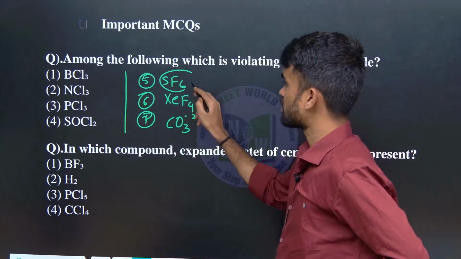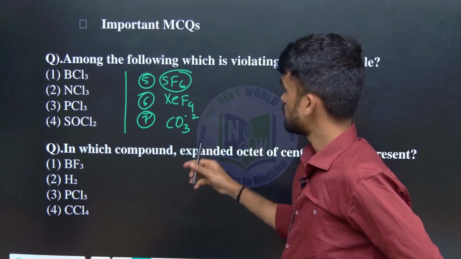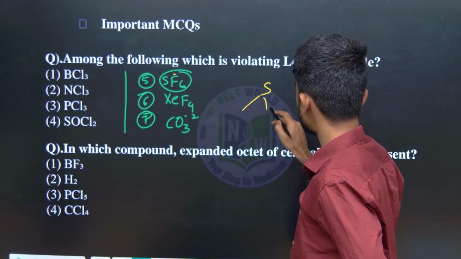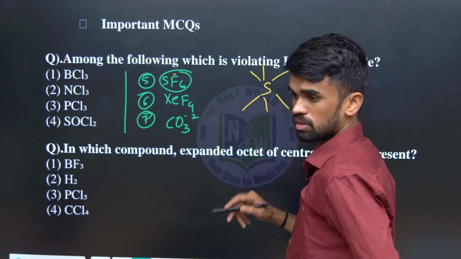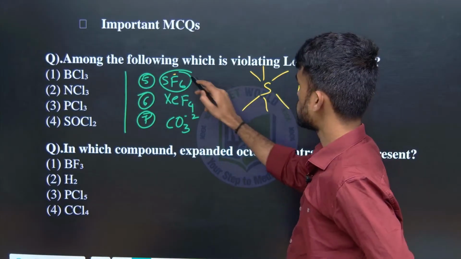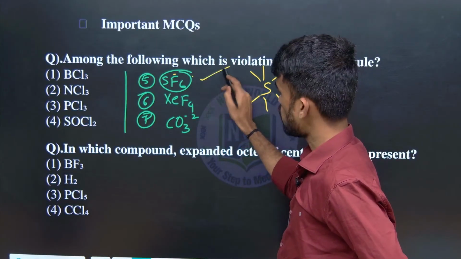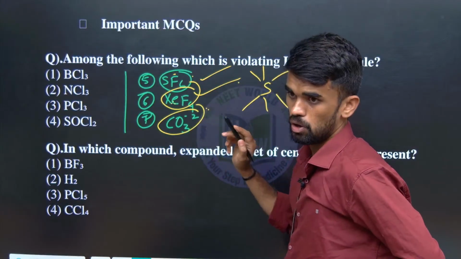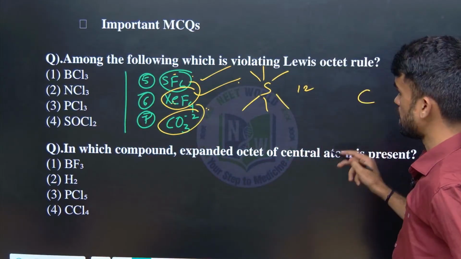SF6, having how many electrons? Sulfur. Fluorine is monovalent, no? So 6 bonds are around it. It means 12 electrons. So this is violating. This is also violating, the xenon compound violating. Carbonate, it is following. So just see how we write the structure.